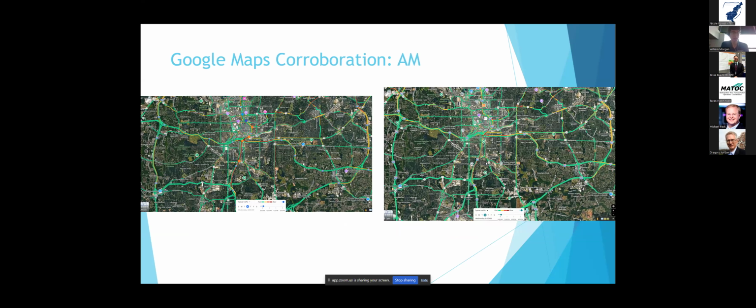Finally, I will show Google Maps typical traffic corroborates these results. So these screenshots are the typical Wednesday at 8 a.m. And so I will first start by pointing out the connector itself.